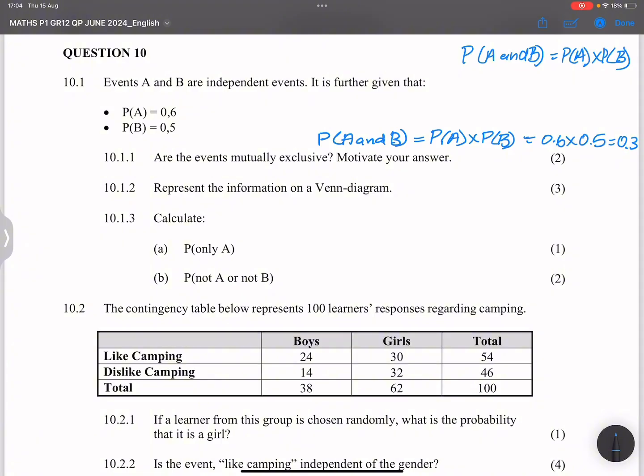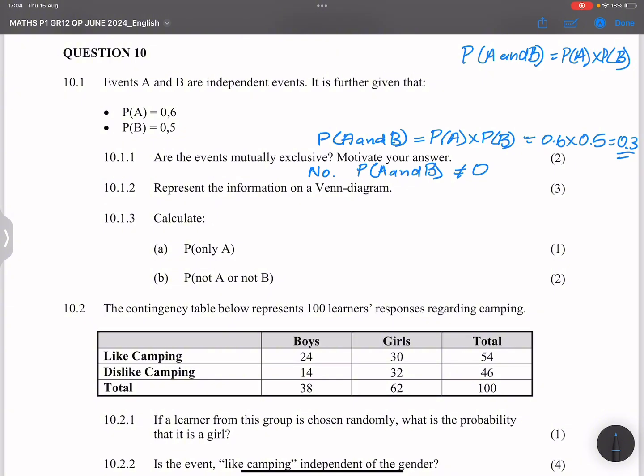Ladies and gents, I want you to note 0.3 is not equal to 0. So are the events mutually exclusive? The answer to that is no, because the probability of A and B is not equal to 0. And that is really how we are going to look at it.